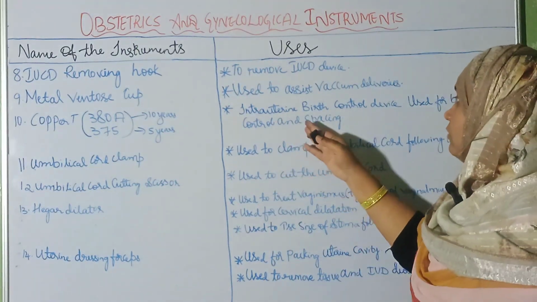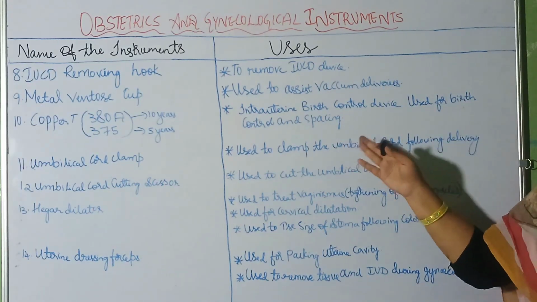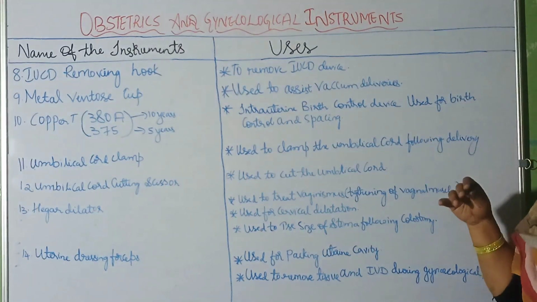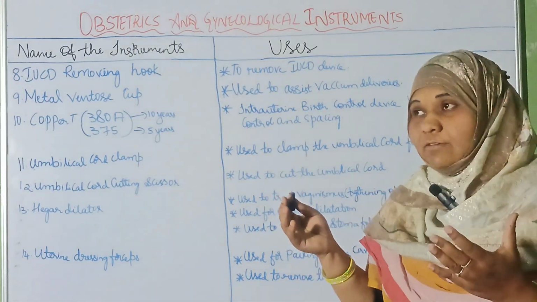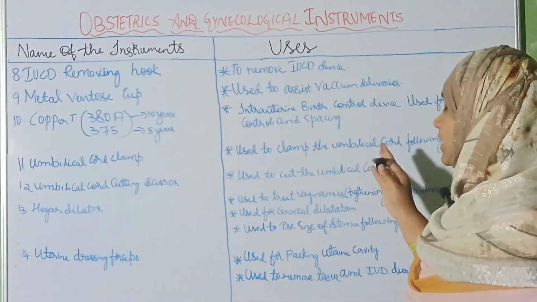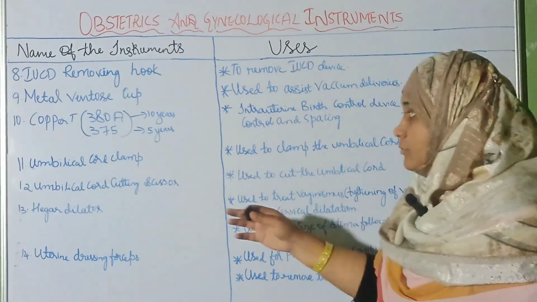It is used as a birth control device, for birth control and spacing. Spacing is nothing but keeping a gap of at least 2 to 3 years after one child. For that spacing period, it is used as one of the family planning methods.